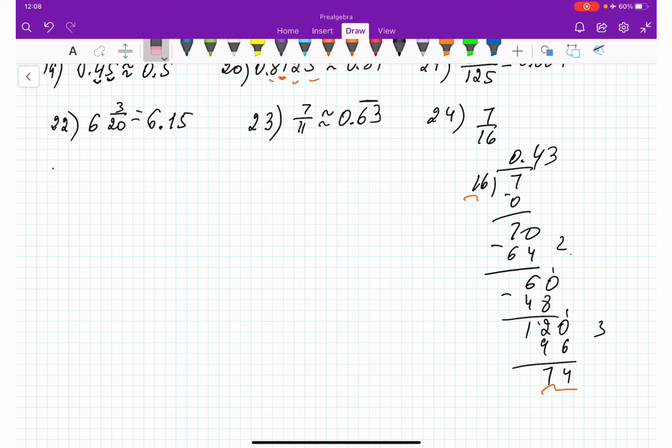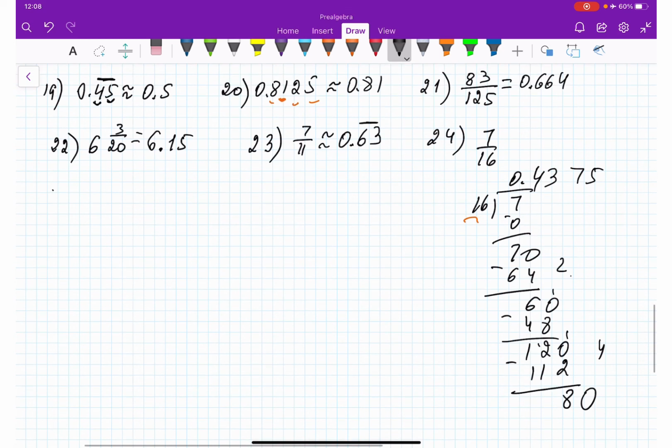So it's going to be 7. I'm going to take 7. 7 times 6 is 42. 4 in mind. 7 times 1 is 7, and 4 is going to be 11. Now this is perfect. 10 minus 2 is 8. And that's it. So 80 divided by 16, now this one is 5. And we are getting 0.4375. The remainder is 0.